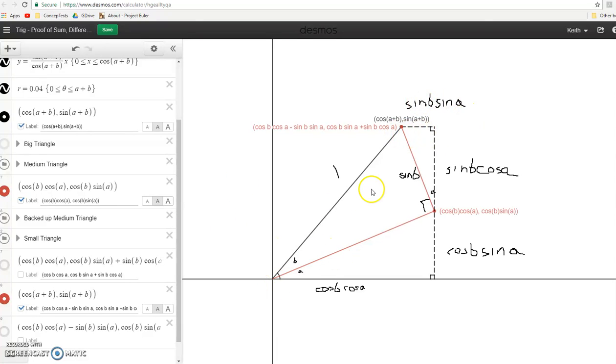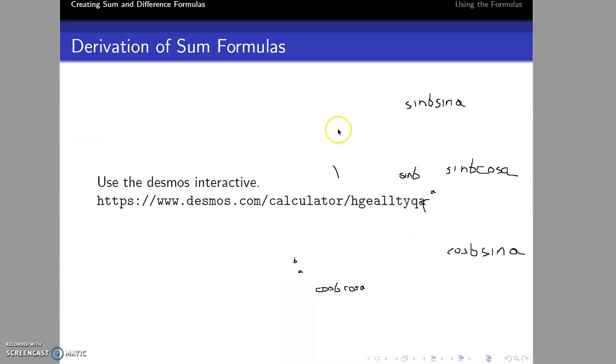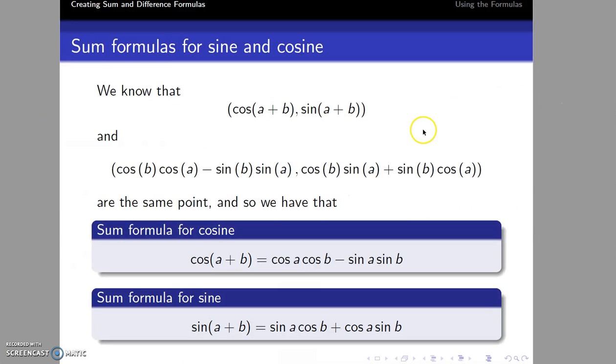So to go from here to here, the x distance was cosine of A plus B. But it can also be found by going to the right cosine B cosine A, and then back sine B sine A. This vertical distance, it is sine of A plus B, but it's also cosine B sine A plus sine B cosine A. And there you have it, a pictorial proof of the sum and difference formulas.